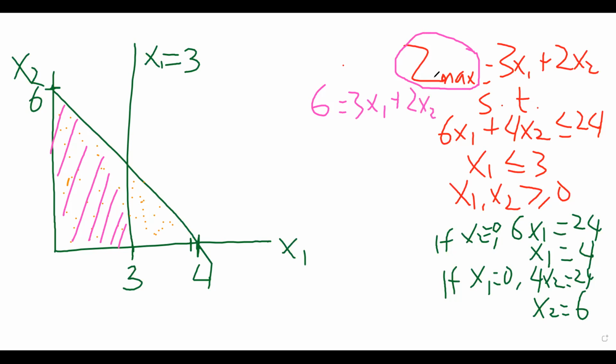So if x2 is 0, then x1 is what? 2. And if x1 is 0, x2 will be 3.